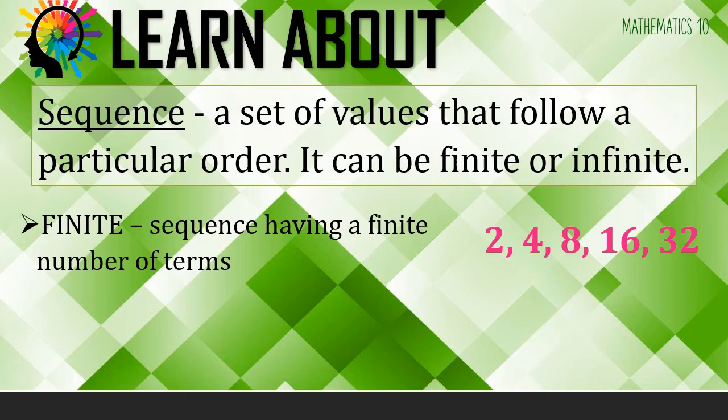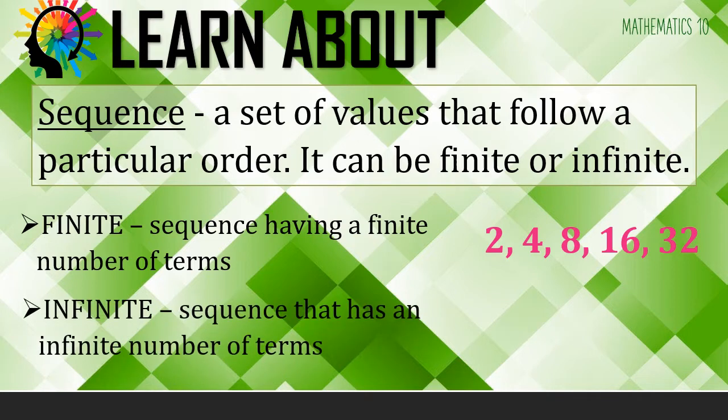Next we have the infinite sequence. It's a sequence that has an infinite number of terms. Example for this is this one. But as you can see, what's the difference between infinite and finite sequence? For an infinite sequence, we have these 3 dots, or what we call an ellipsis.